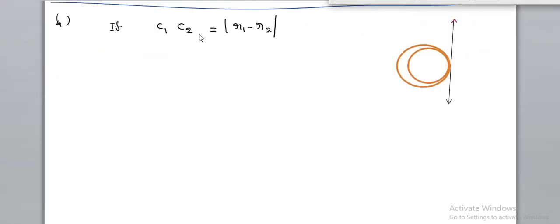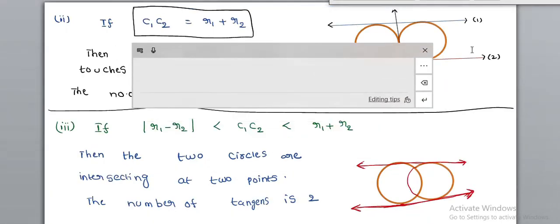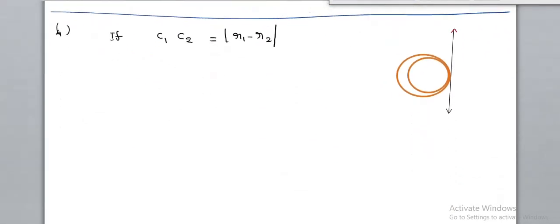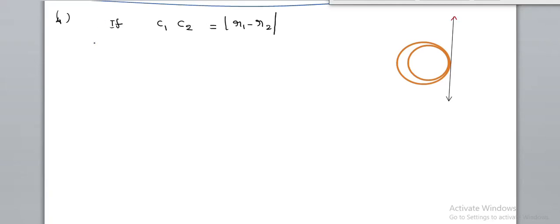Please observe the diagram. If C1C2 is equal to modulus of R1 minus R2, then please observe in the diagram, the two circles touch each other internally.